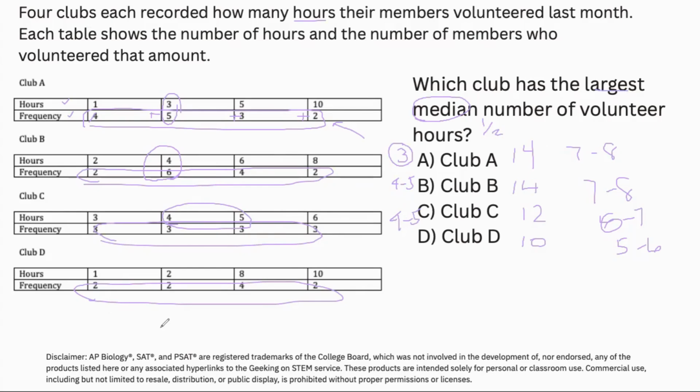So if I go ahead and take Club D, the value in between is somewhere around 5, 6. So 4, 2 plus 2 of 4, it's going to be around 8. Even if I go backwards, it's a flat out 8. So I don't need to really calculate these two, noting that my final answer is D.